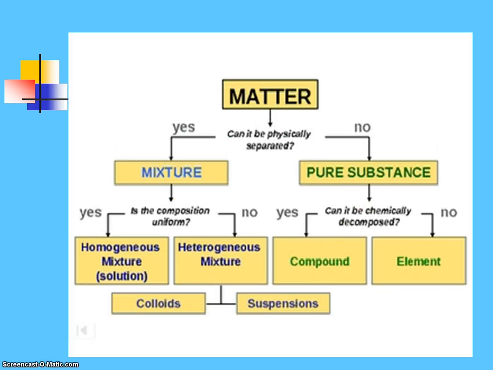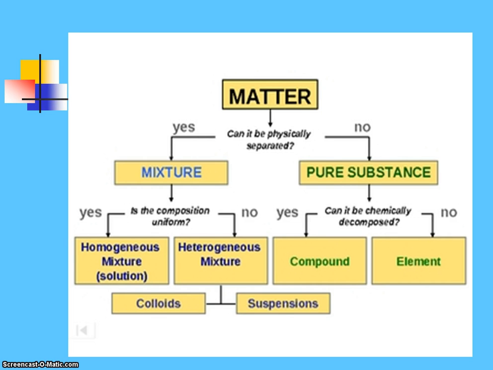This is another flow chart. It kind of helps you see what is what here. If you have matter, can it be physically separated? Mixtures can be physically separated. Pure substances cannot. So if you have something that can be physically separated, you have a mixture. Then, is your mixture composition uniform? That means, is it the same throughout?